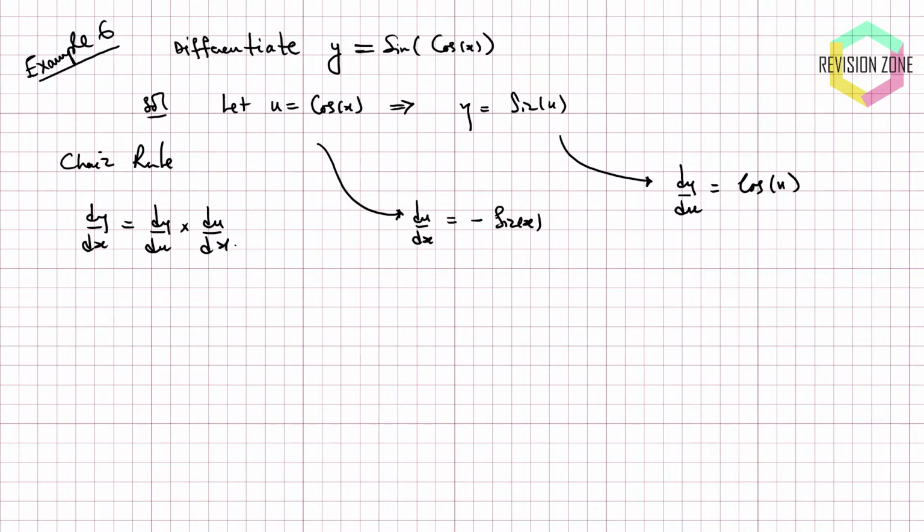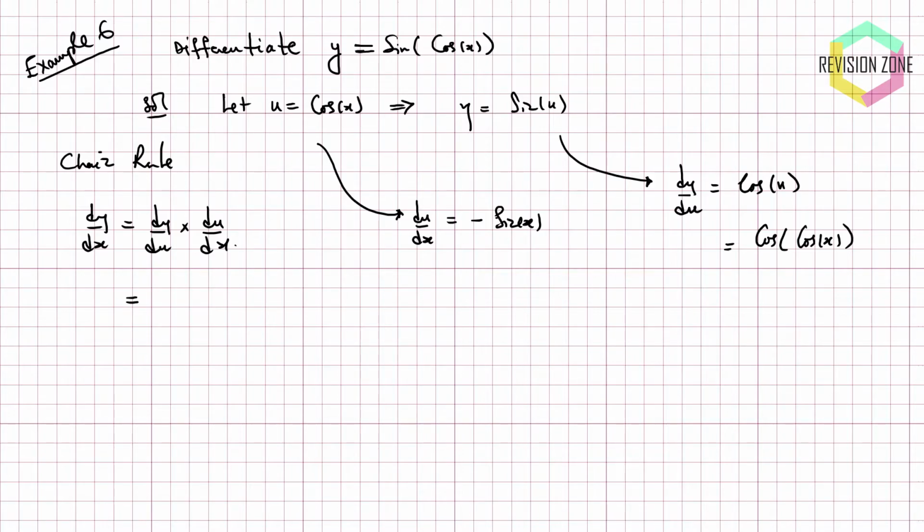Before we do that, it's probably worth rewriting the derivative of y with respect to u in terms of a slightly nicer function. So since we know that u is actually equal to cos x, I'm going to replace the u by cos x. That way, when I put this back into the formula for the chain rule, I don't have to do a lot of messing around.